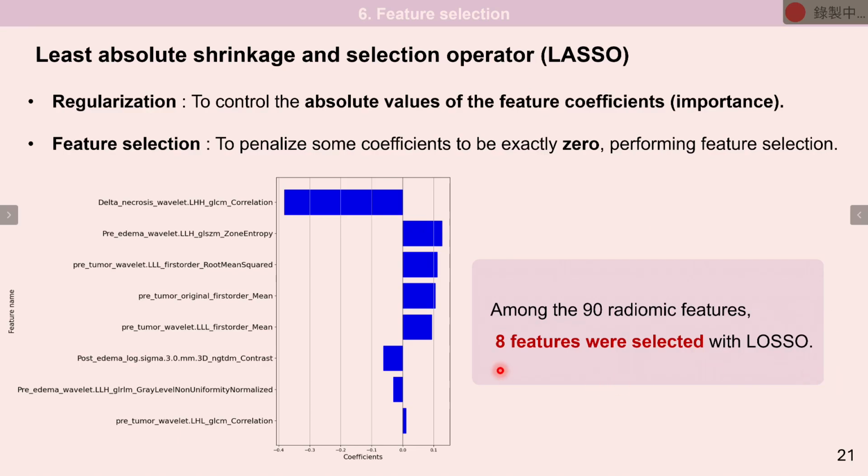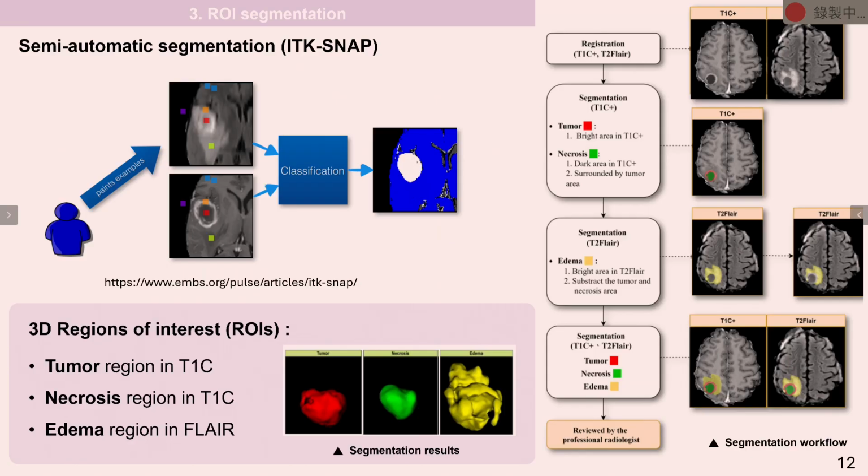Page 12. And the edema region is for FLAIR. Can we use other methods to suppress water signals, such as spatial saturation?